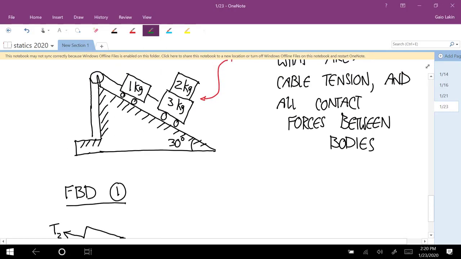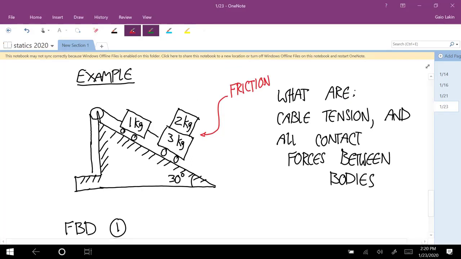Well, this is a problem where it might pay off to use a rotated coordinate system. But let's not. Let's just use a regular coordinate system. Like this.